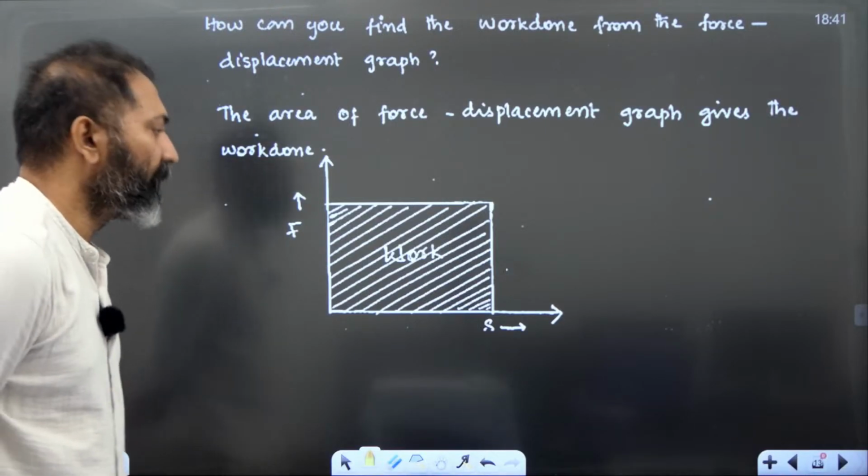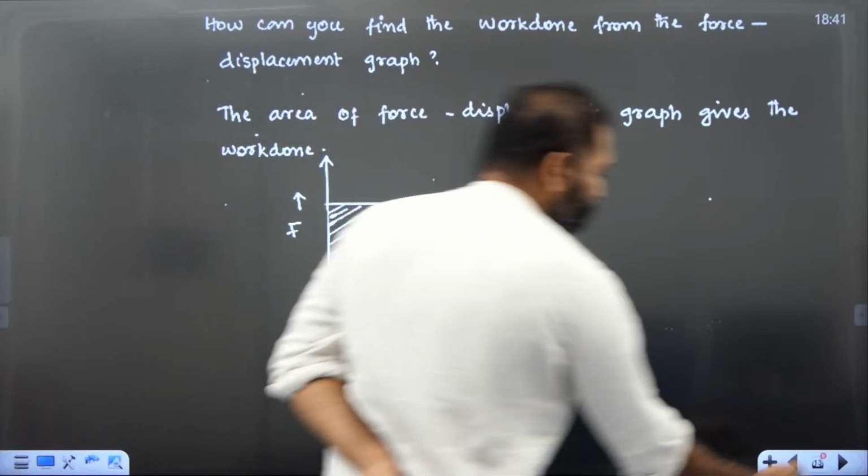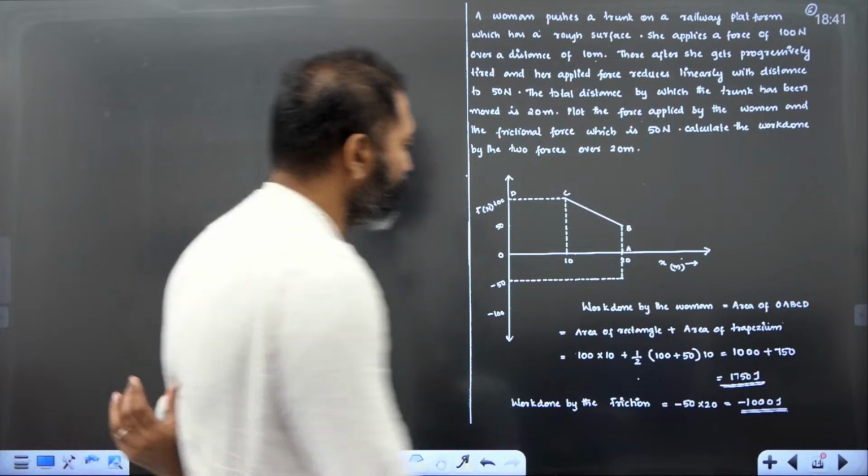Note here, area under force displacement graph gives what? Work done.